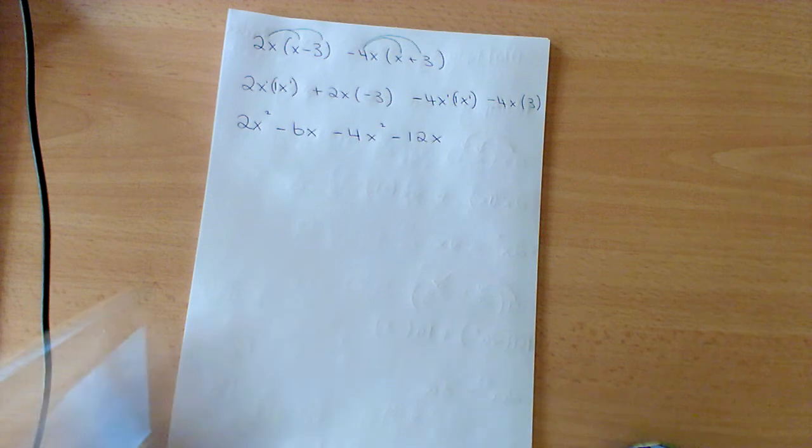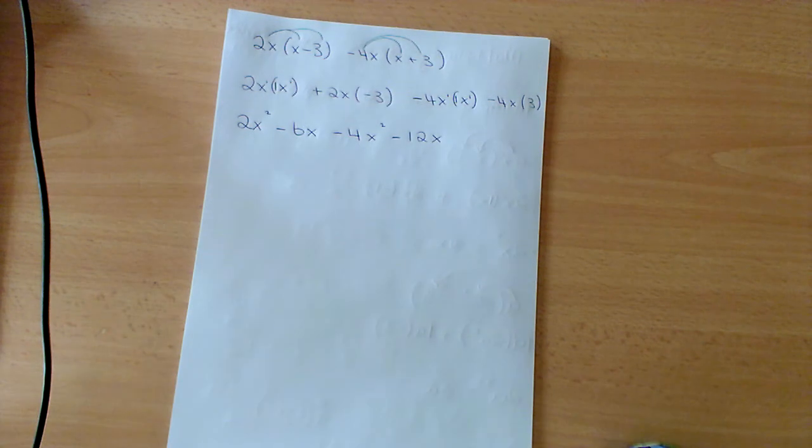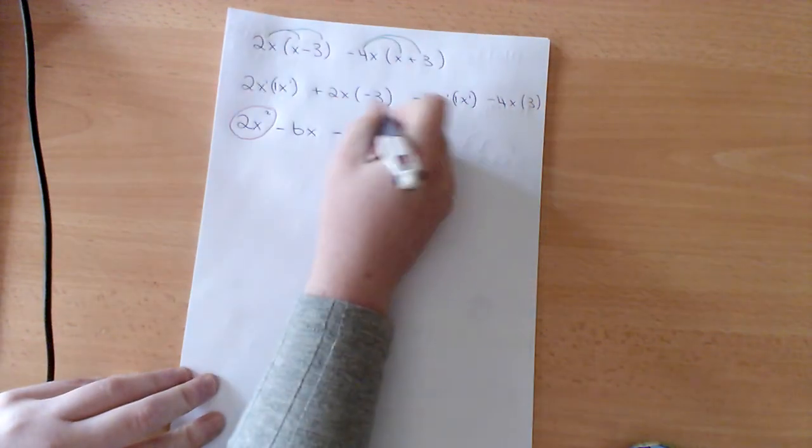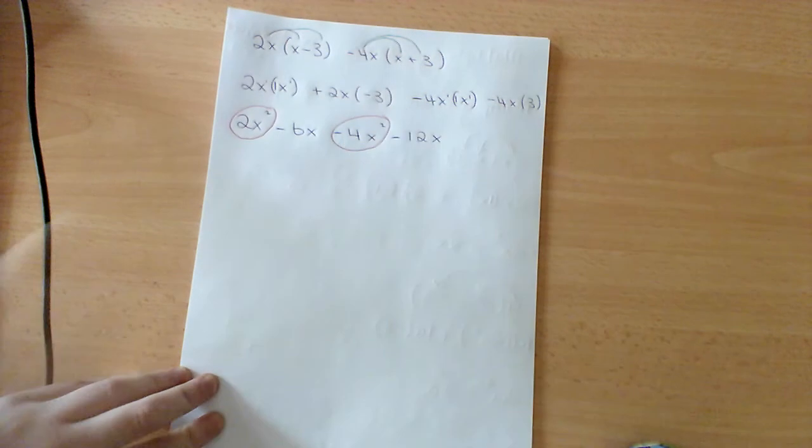Right, I have multiplied everything out, and now I need to actually simplify it. So to simplify it, in algebra my only rules are I can only add and subtract like terms, okay? So I can put my circle around the terms that will go together. So 2x squared, I can match that up with my minus 4x squared.